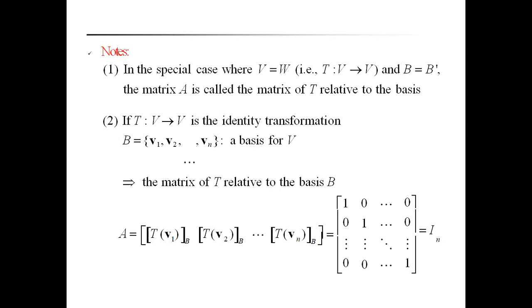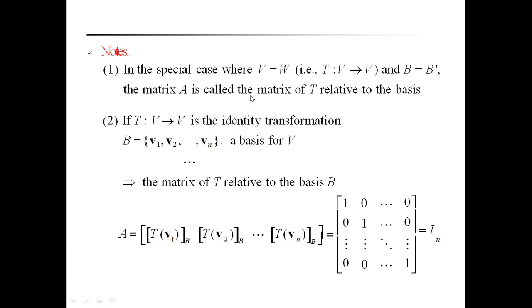T is a linear transformation from a vector space V to V and B is equal to B dash. Therefore, the matrix A is called the matrix of T relative to the basis B itself, because B is equal to B dash.